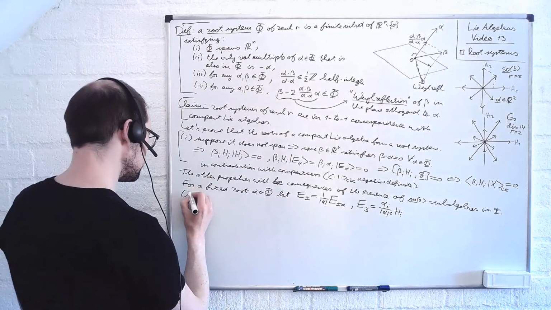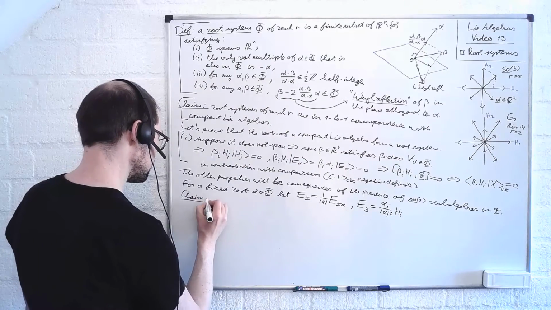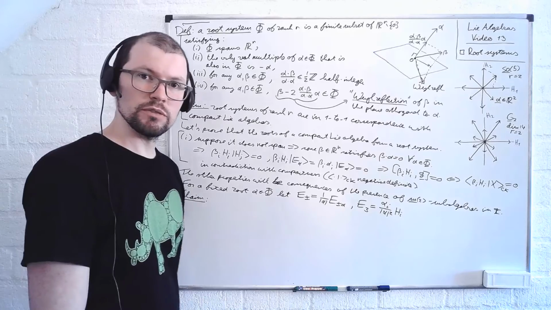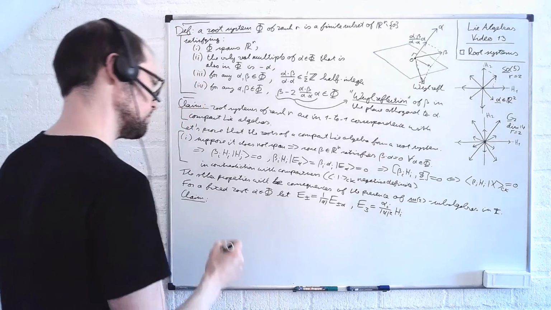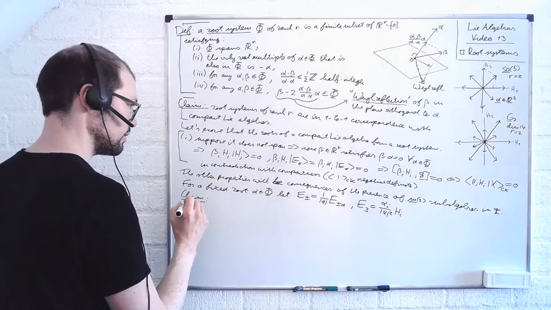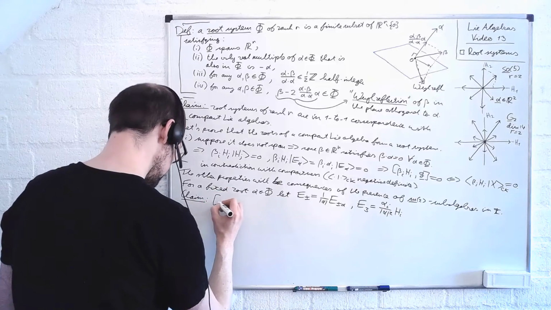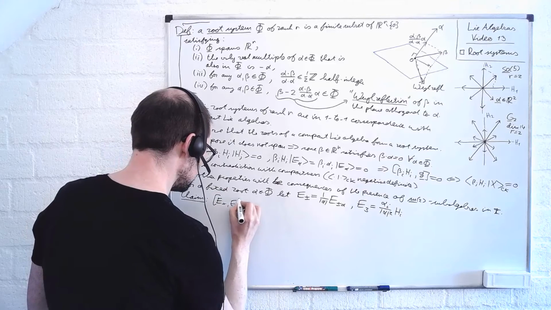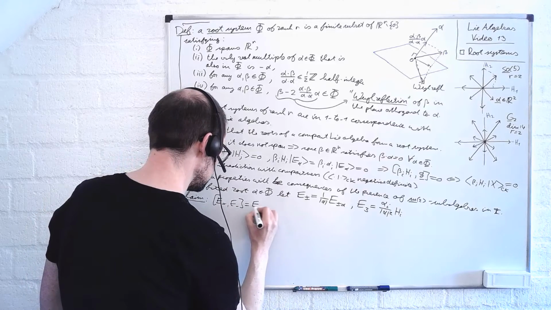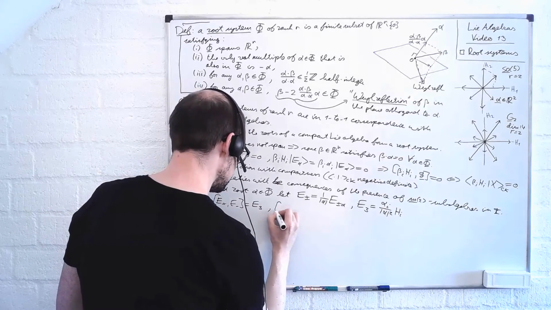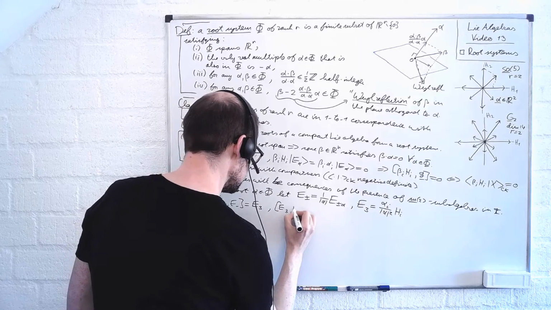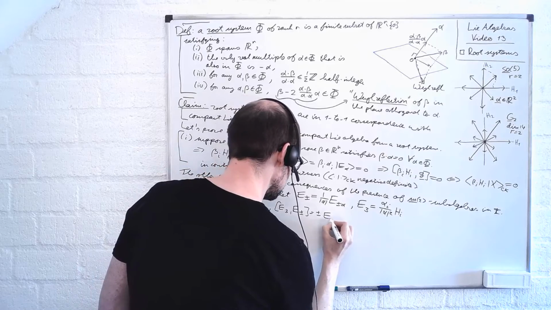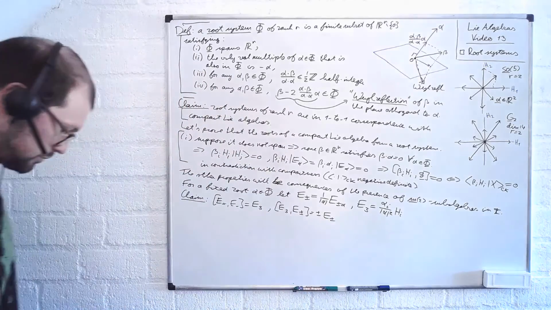What I claim is that these satisfy exactly the commutation relations of the SU2 algebra. That means the commutator of E_plus and E_minus is E_3, and the commutator of E_3 with E_plus-minus is plus or minus E_plus-minus.